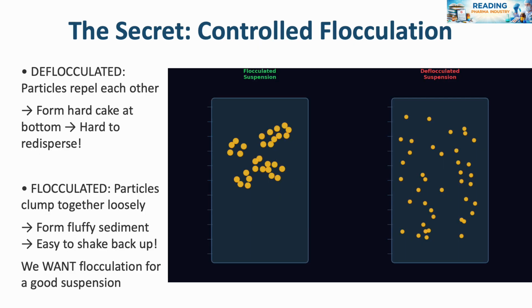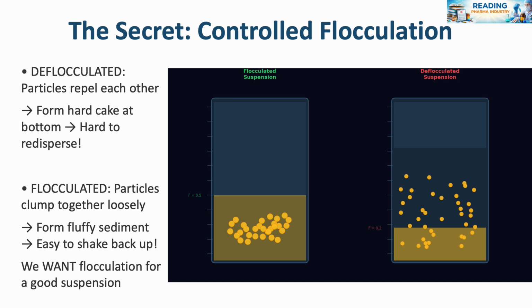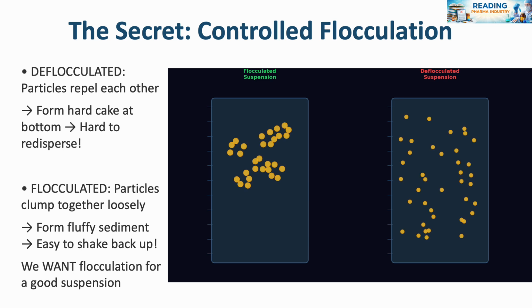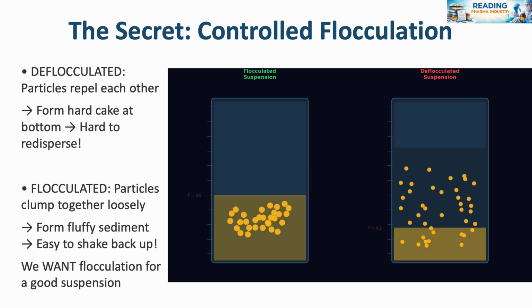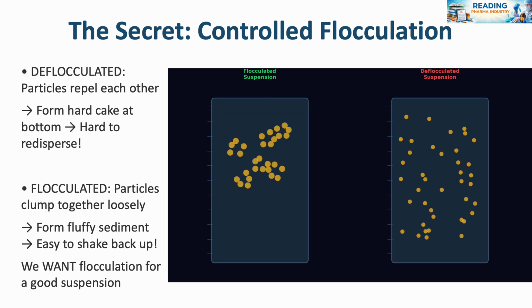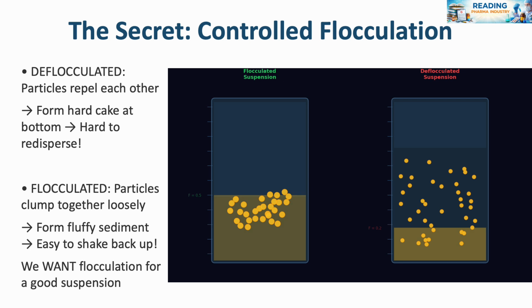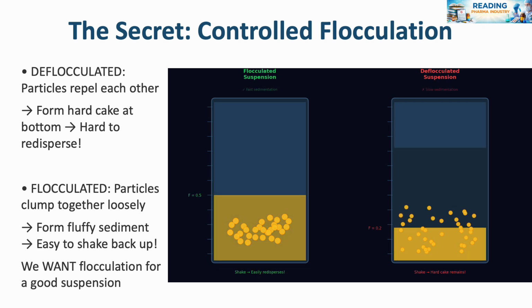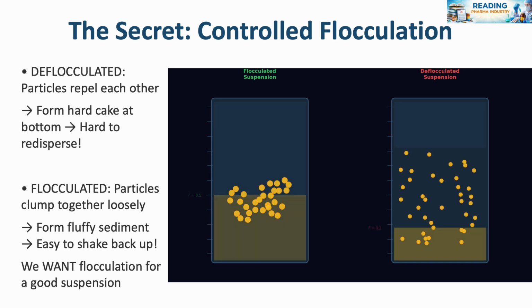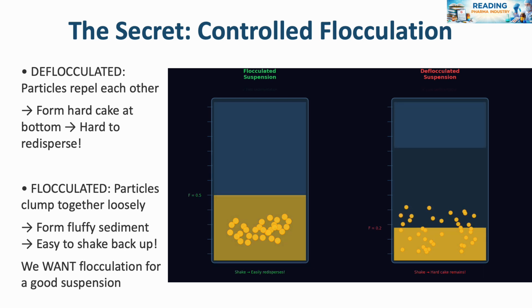So the secret to controlling and producing a good suspension is to control flocculation. Here is a comparison with deflocculated particles in a suspension. When this happens, the particles repel each other, and at one point they will sediment and form a hard cake at the bottom, which means they will be very hard to redisperse.